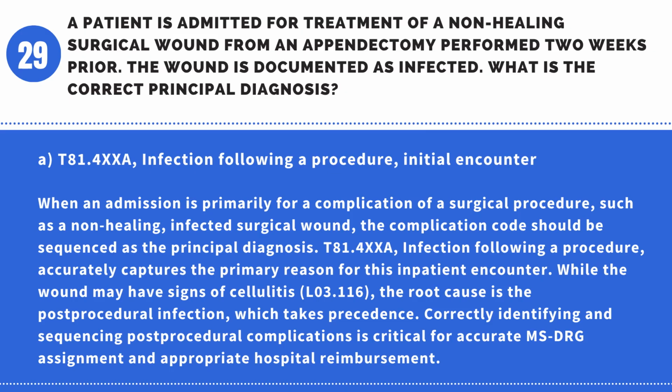T81.4XXA, infection following a procedure, accurately captures the primary reason for this inpatient encounter. While the wound may have signs of cellulitis, L03.116, the root cause is the post-procedural infection, which takes precedence. Correctly identifying and sequencing post-procedural complications is critical for accurate MS-DRG assignment and appropriate hospital reimbursement.